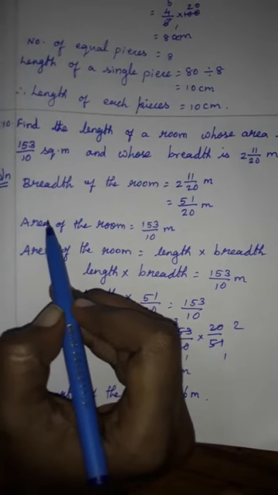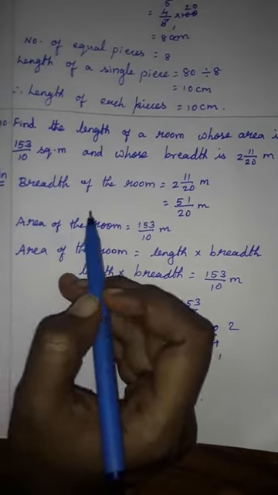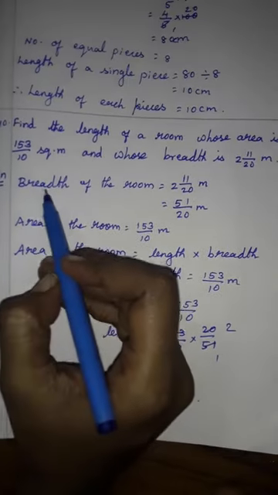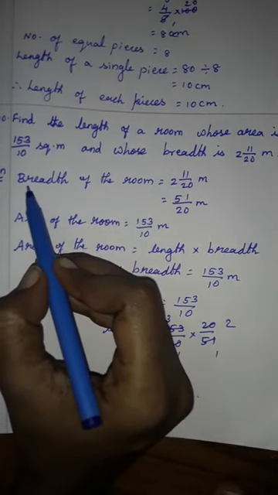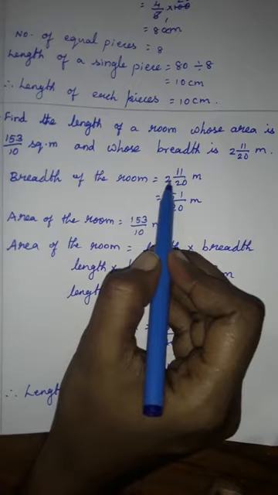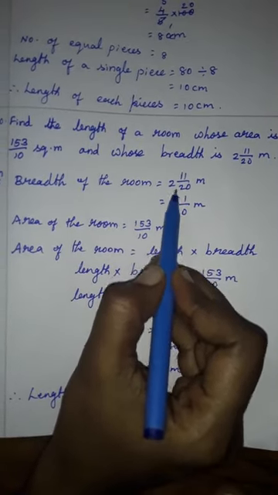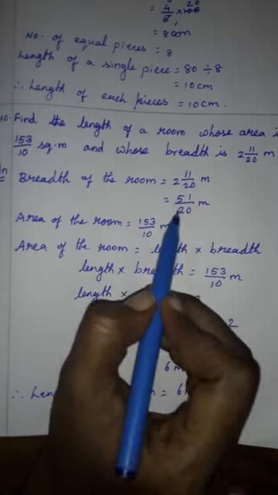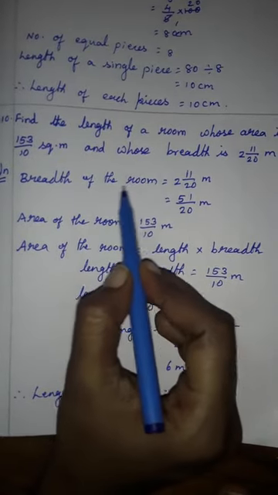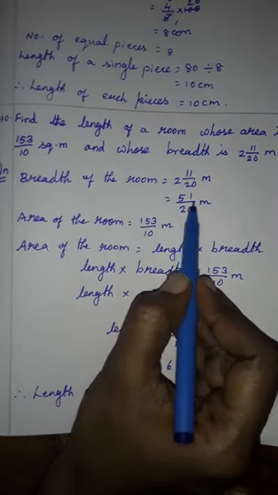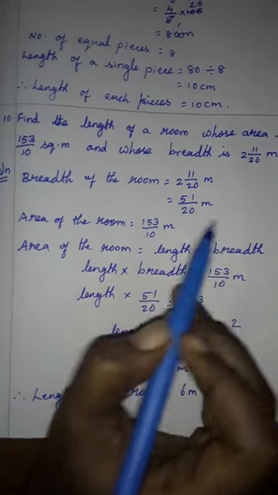In this sum, they are given the breadth and area. You have to find out the length of the room. Before finding the length of the room, now write the given breadth of the room equal to 2 11 by 20 meter. It is in the mixed fraction. You have to change it into improper fraction. We get breadth of the room equal to 51 by 20 meter.